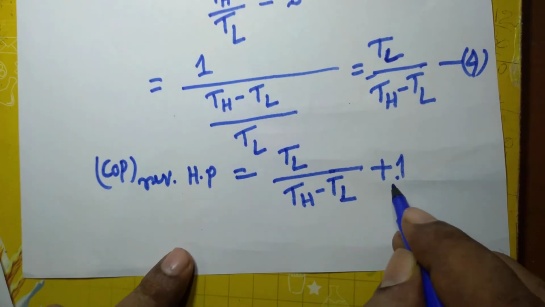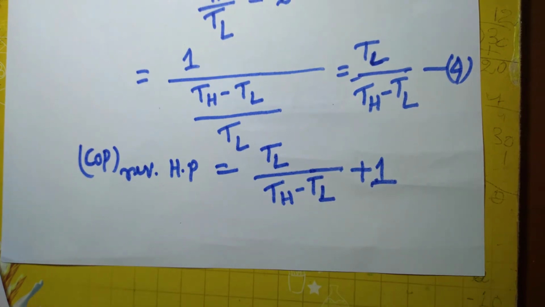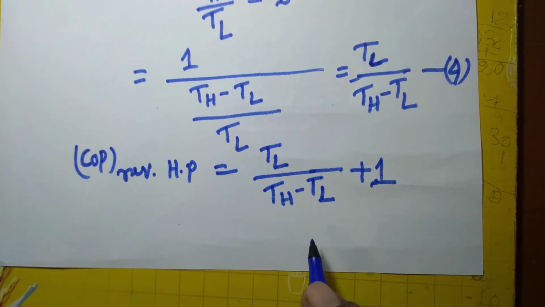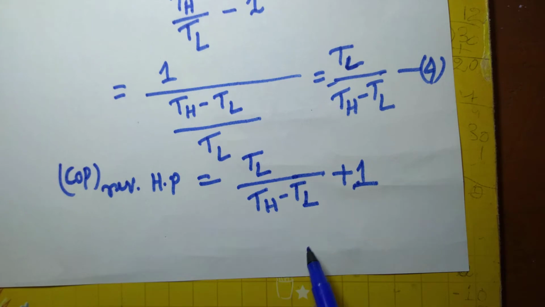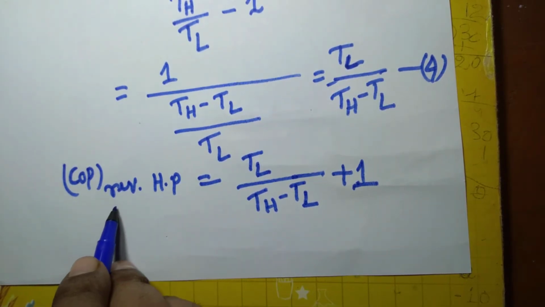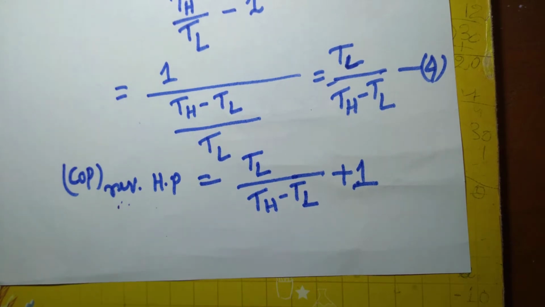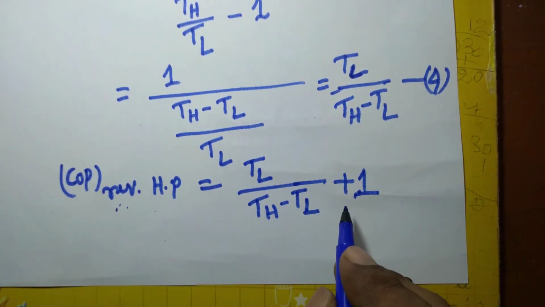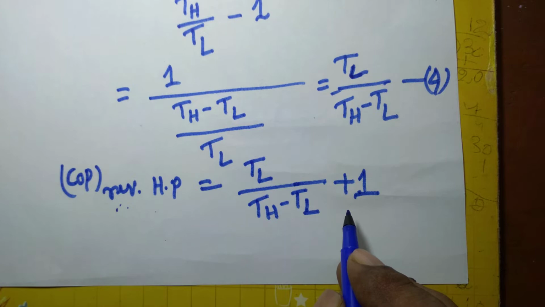The COP of a heat pump working between the same two temperature limits TH and TL is equal to the COP of a refrigerator working between the same temperature limits, plus 1. The COP of a heat pump is always greater than the COP of a refrigerator by 1, no matter whether it is reversible or not. If it is reversible, the COP of a reversible heat pump will also be greater than the COP of a reversible refrigerator by a magnitude of 1.